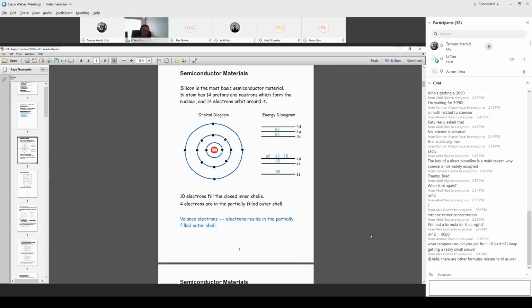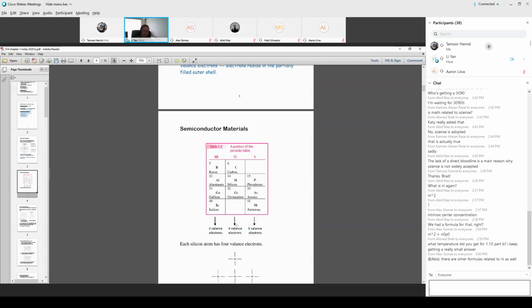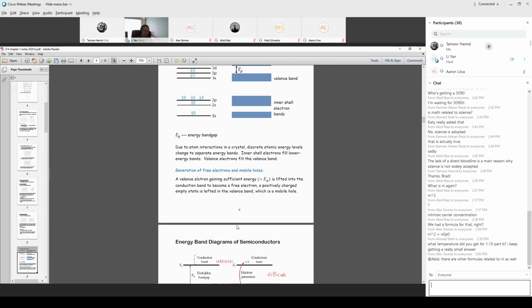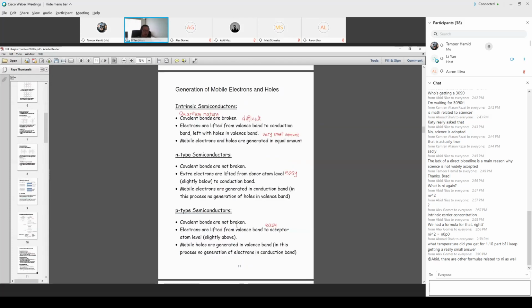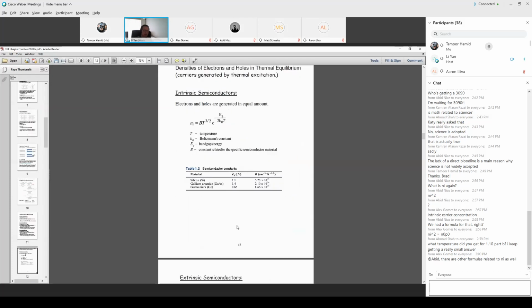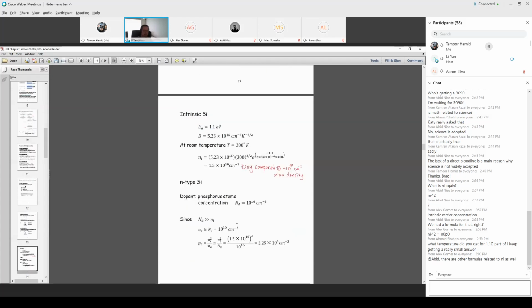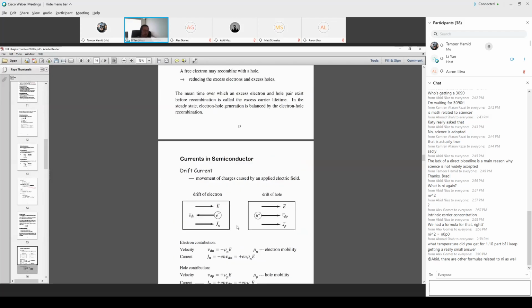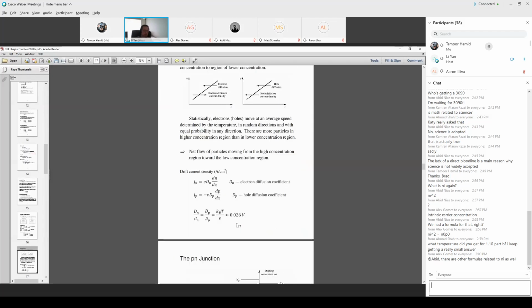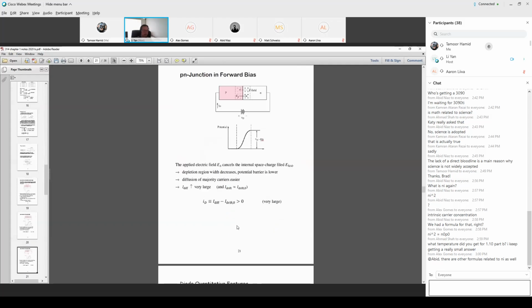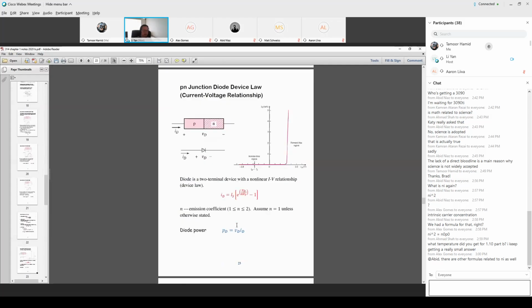Let's flip back to this page. Now, finally, after all the preparation of the physical foundations for semiconductor material and semiconductor devices, we come out with the current and voltage relationship for the PN junction diode, which is expressed mathematically in this form.